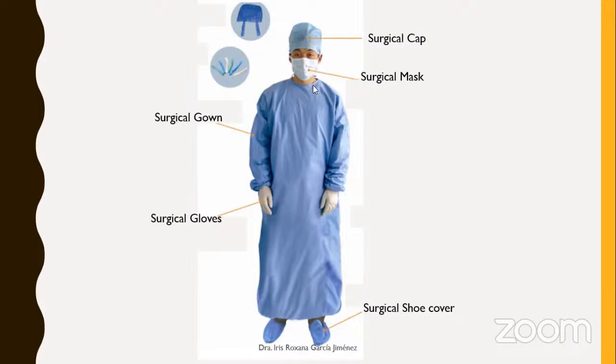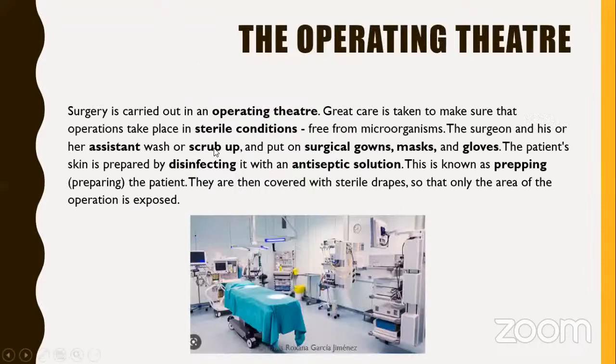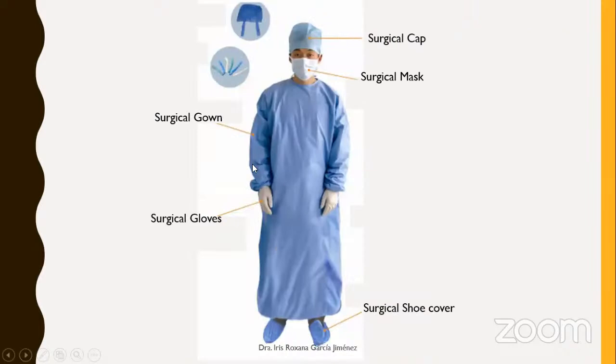The surgical cap, surgical mask, the surgical gown, the surgical gloves, the surgical shoe cover. As a group, all of this is called a scrub, okay? Wash or scrub up: when we say scrub up, I mean we get dressed like this, right?